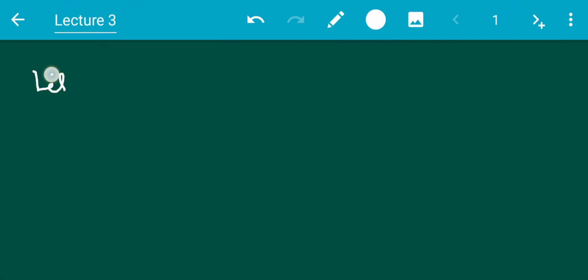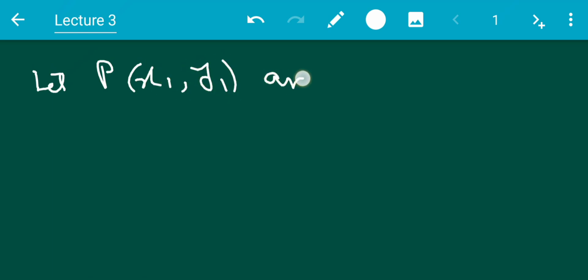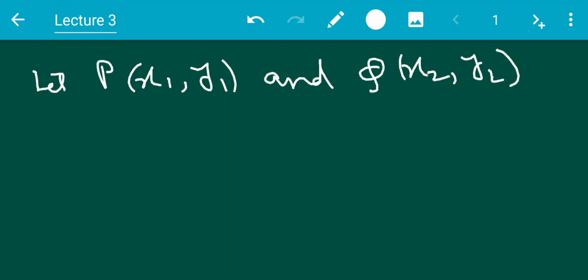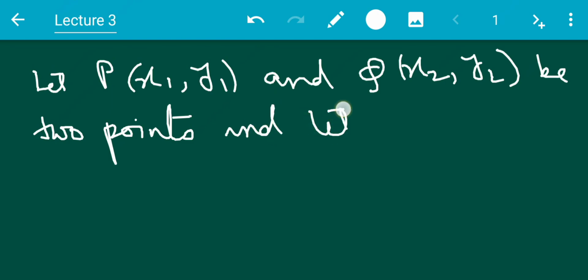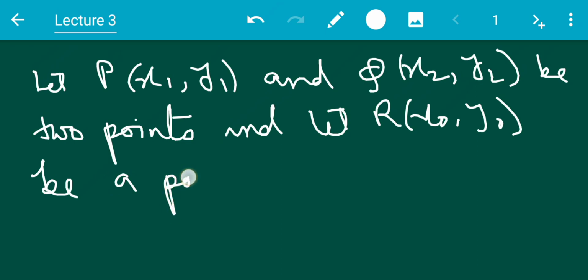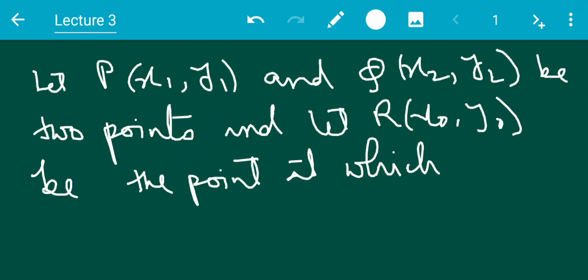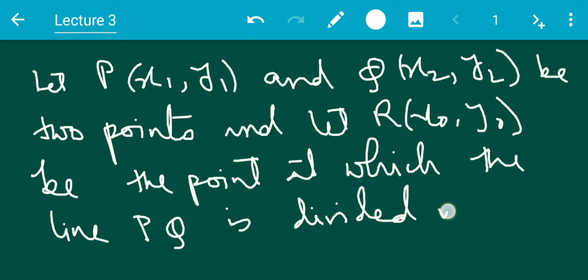So let's start. Let P (x1, y1) and Q (x2, y2) be 2 points, and let R (x0, y0) be the point at which the line PQ is divided in m:n ratio.